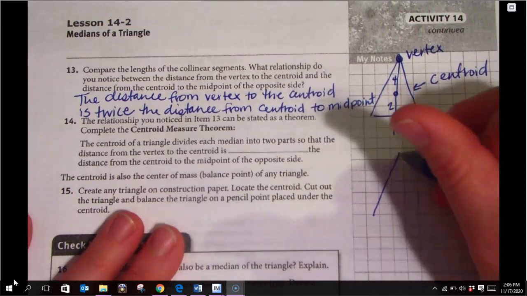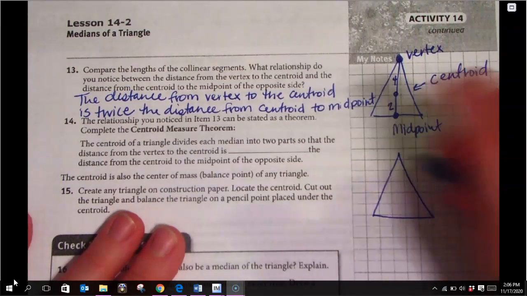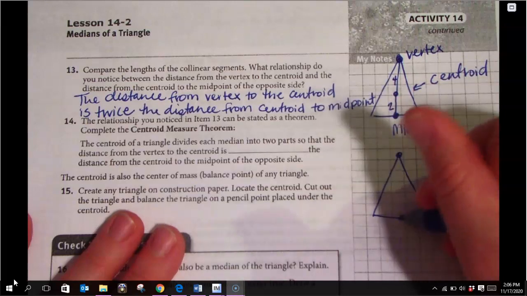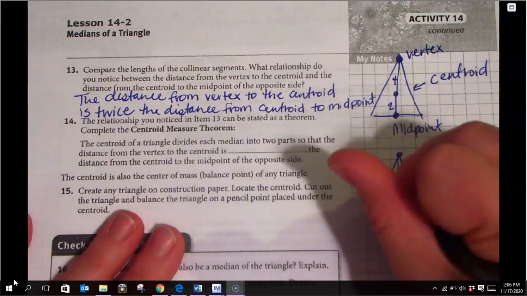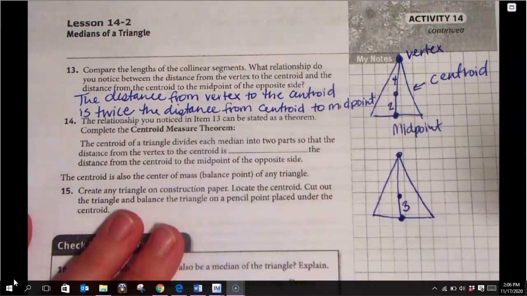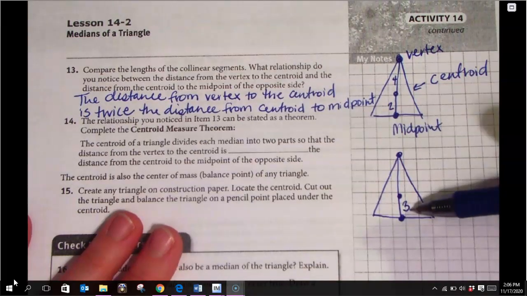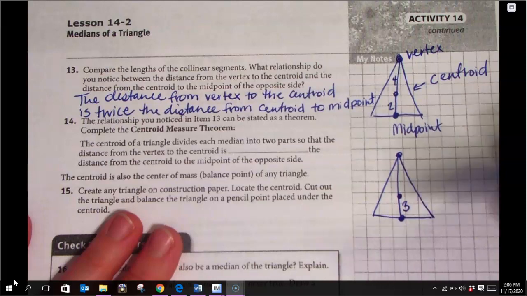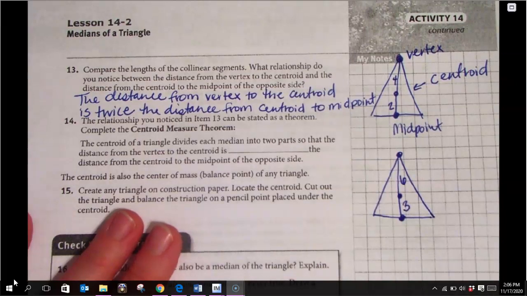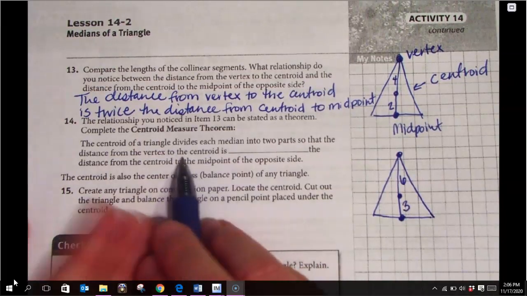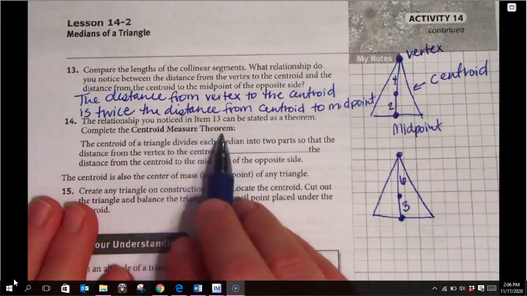If I were to do it this way, this is my vertex, this is my midpoint, this is my centroid. If this down here is 3, what is the vertex to the centroid going to be? It's going to be 6 because it is twice as long. So this right here is our centroid measure theorem.